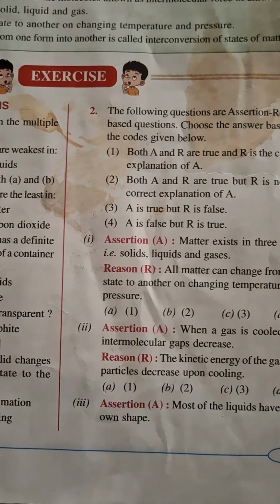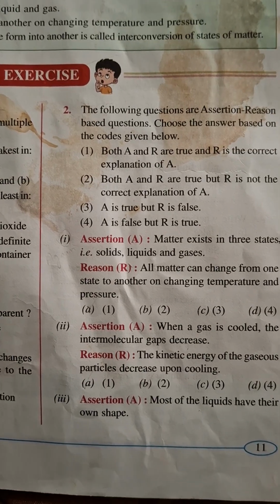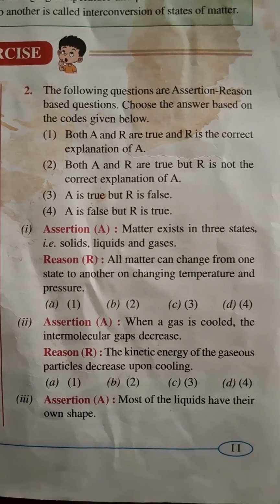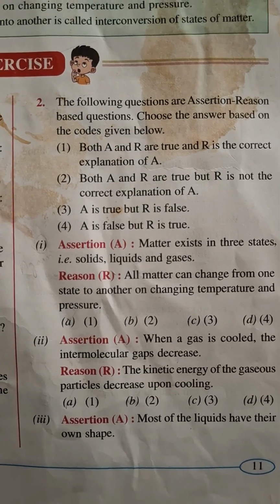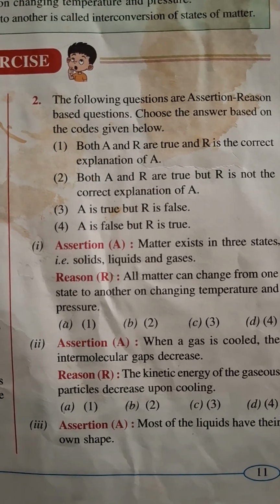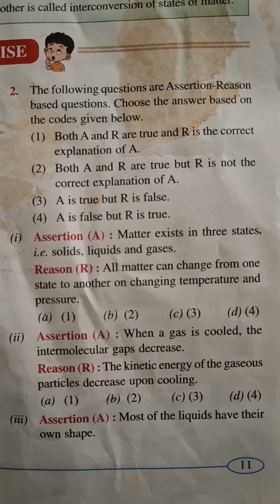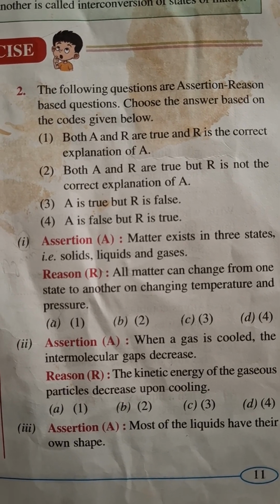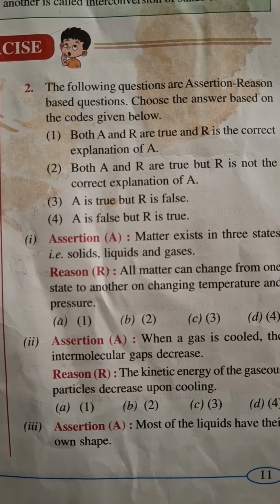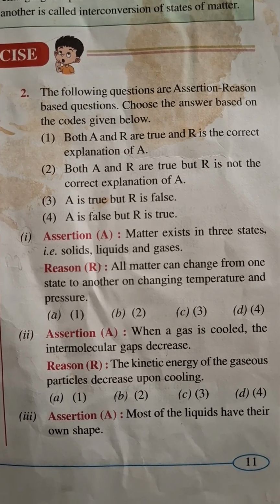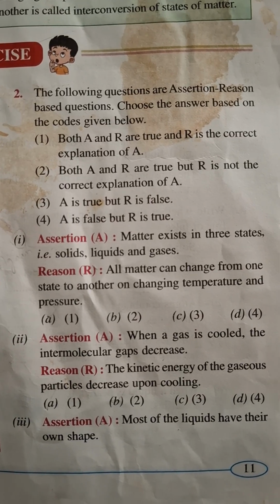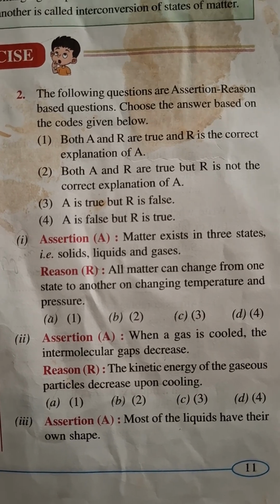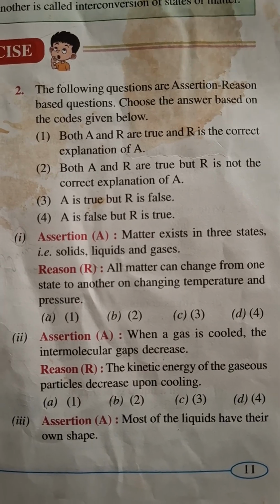Anyone? Okay, here I reveal the correct answer. The correct answer is option 1. Okay, for number 1, it is option C. I'm so sorry, option C, which means A is true but R is false.